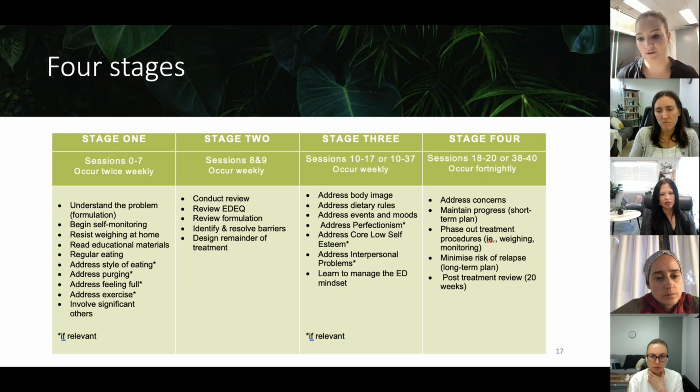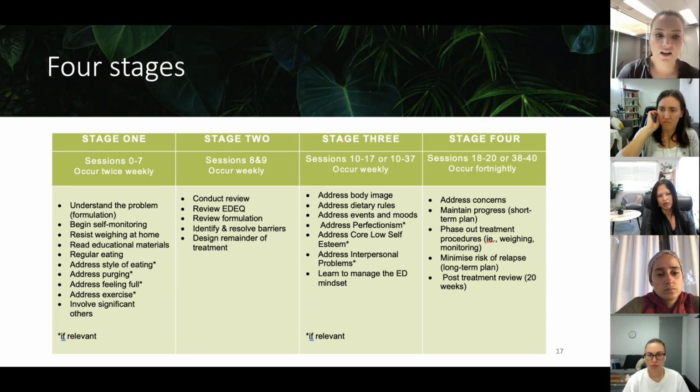But if those things aren't relevant, we would just be focusing on getting them to eat regularly, trying to get some early weight gain and implementing some of those key components of CBT-E into the treatment early. Stage 2 is obviously where we do the review, which may occur over 1 or 2 sessions.